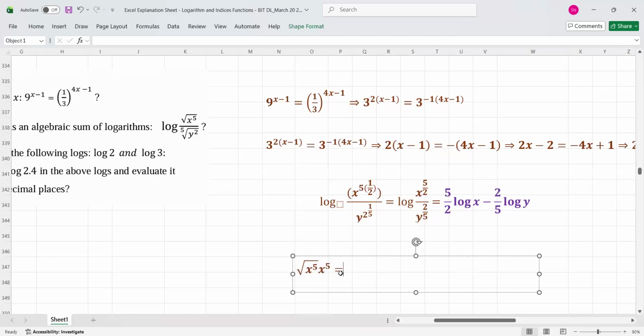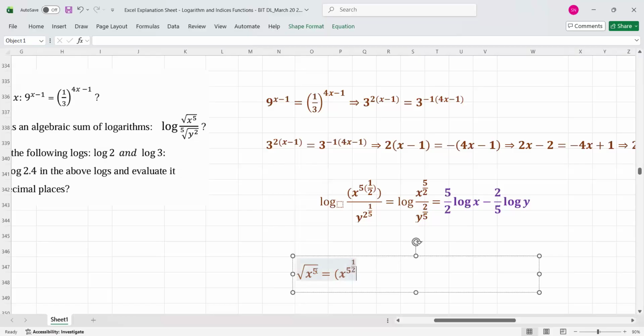This is supposed to give me, in brackets, x raised to the power 5, and then all this also raised to the power 1 over 2. This is what you should be able to see. If you're able to see this, then your work is a bit done.